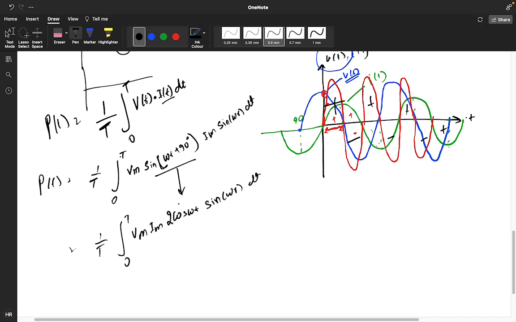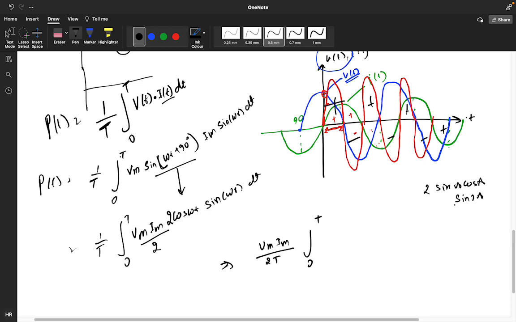I am multiplying 2 upside and I am multiplying 2 downside. So what you will get, Vm Im by 2T, integration of 0 to T of 2 sine a cos a. You know the formula, 2 sine a cos a is equal to what?